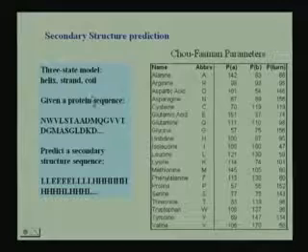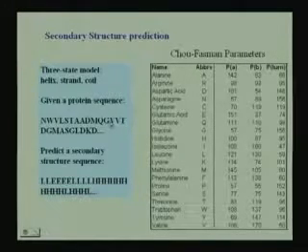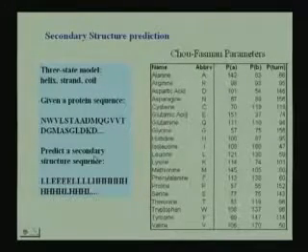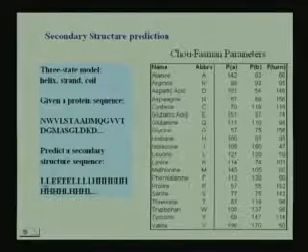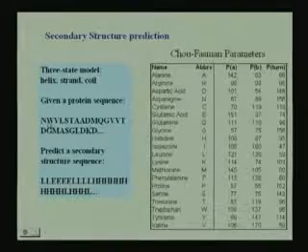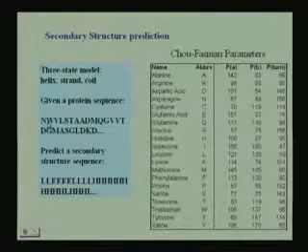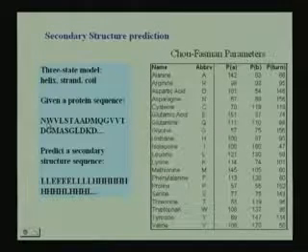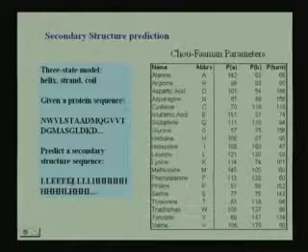Because what do you want to do? You have your protein sequence. You want to know where your loops, L, another notation that is also used apart from C, so you want to know where the coils, or the turns, or the loops are. You want to know where the helices are, and where the sheets are.